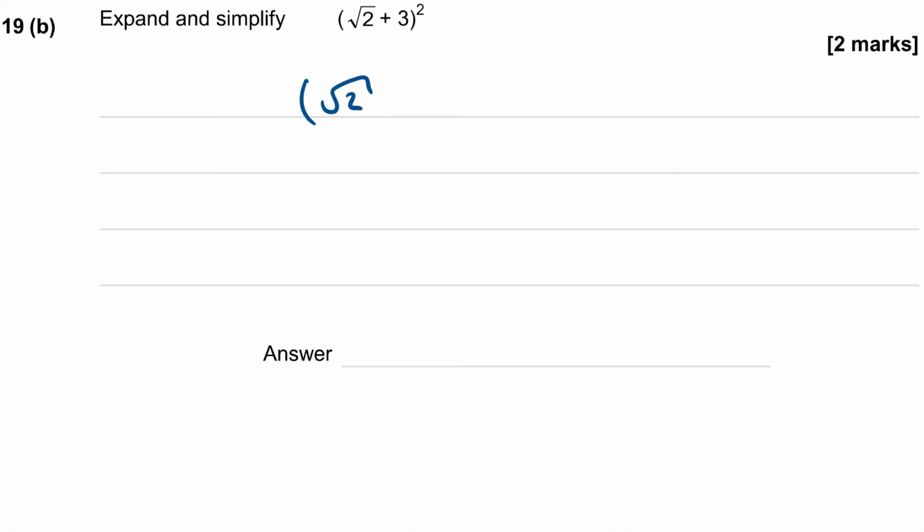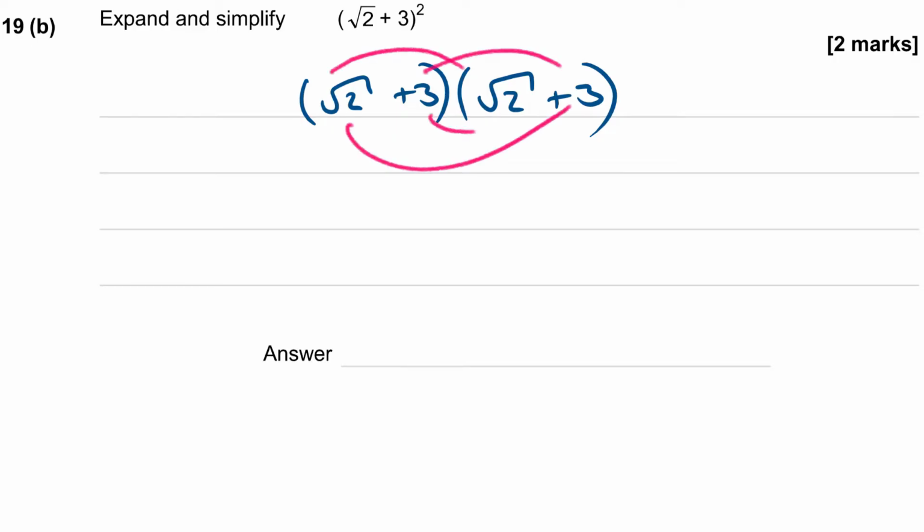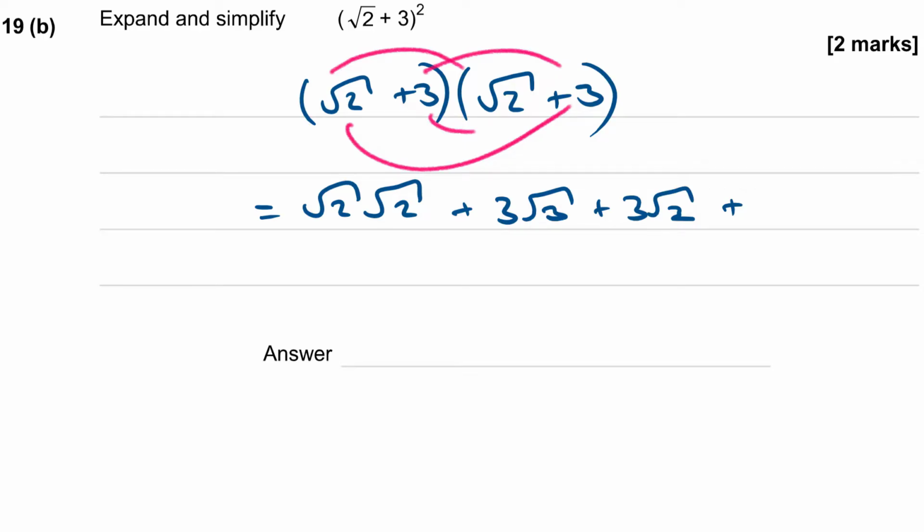Expand and simplify root 2 plus 3 all squared. So root 2 plus 3 all squared is going to be these two brackets multiplied together. Now use first, outside, inside, last, or whichever way you remember how to multiply out double brackets. I'm going to get root 2 times root 2, plus 3 root 2, plus 3 root 2, plus 3 squared, which is 9.